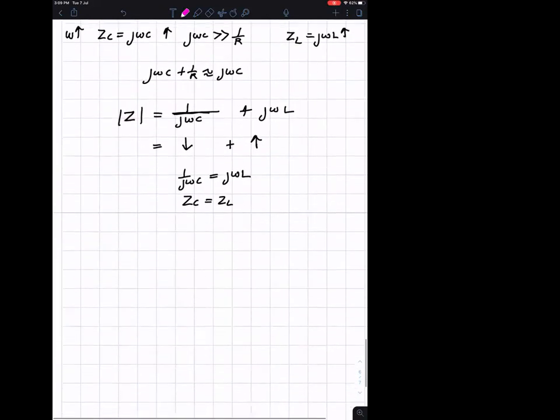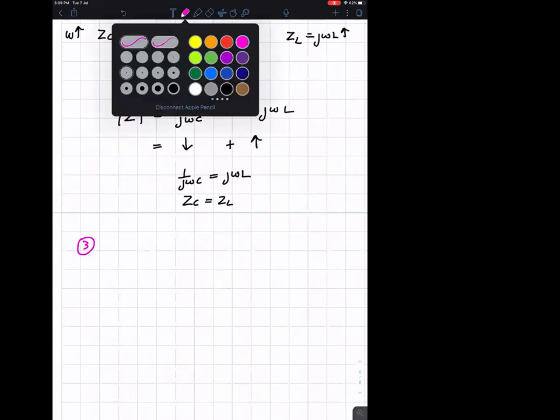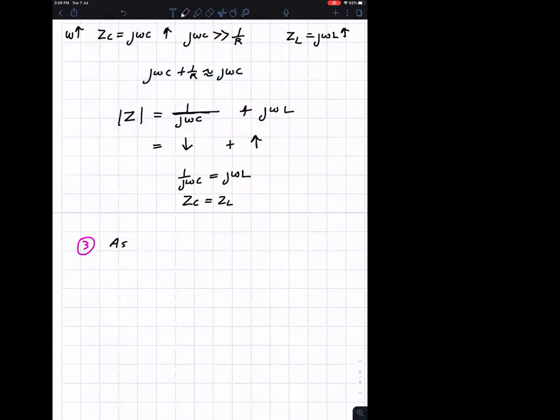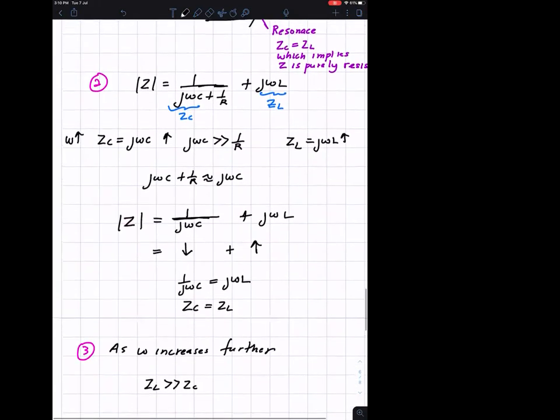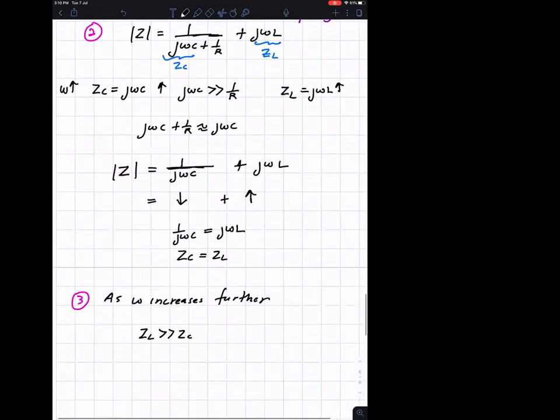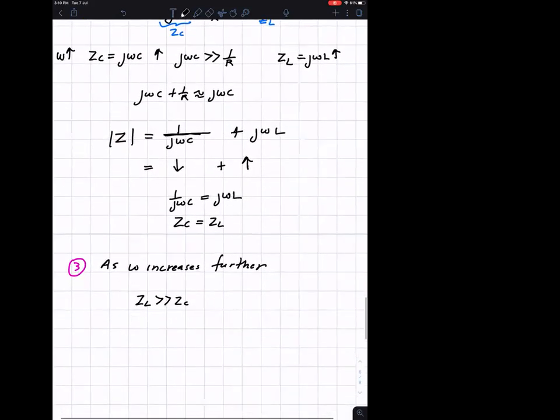At 3, as omega increases further, ZL becomes much greater than ZC. Even though the frequency is increasing, the inductance will pick up after the resonance point.